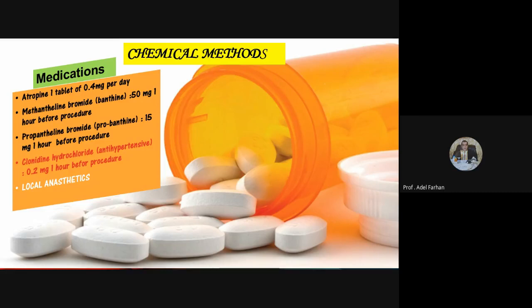Also, some antihypertensive drugs, such as clonidine hydrochloride, in addition to lowering the blood pressure, improve the salivary flow inside the oral cavity. We also have local anesthesia, which contains adrenaline and causes vasoconstriction, and this also helps in the control of blood.